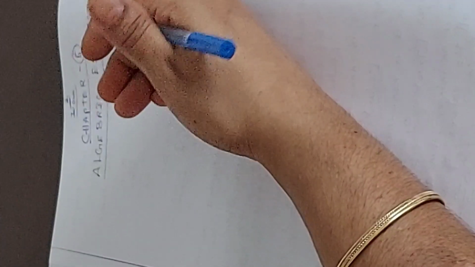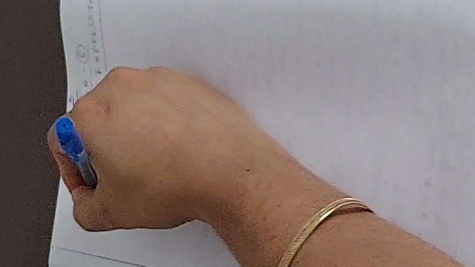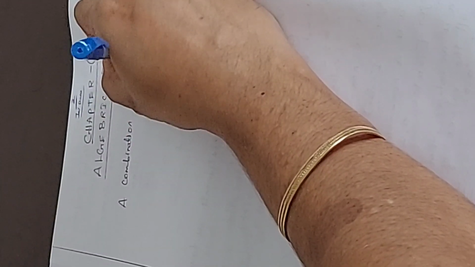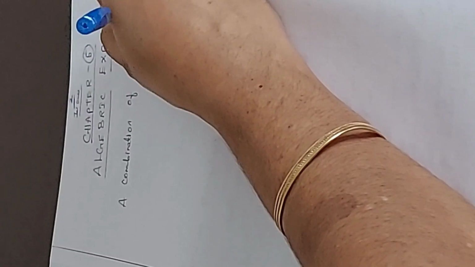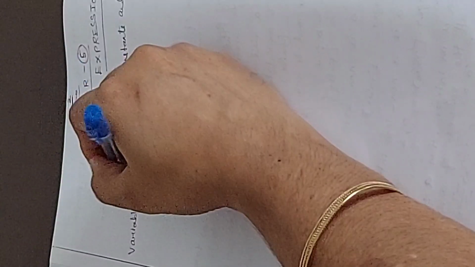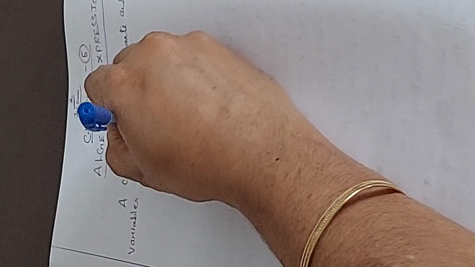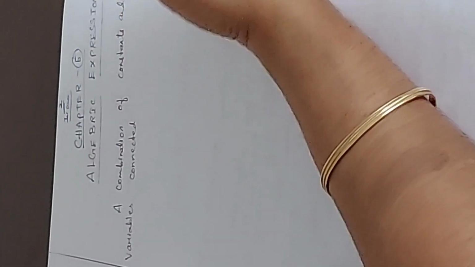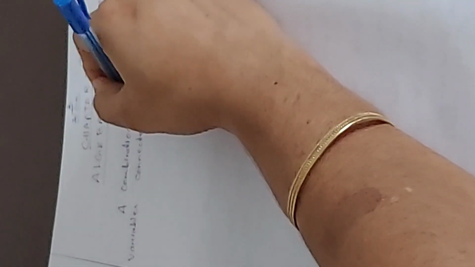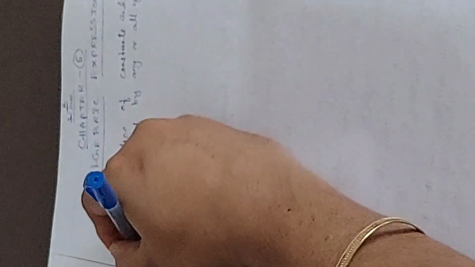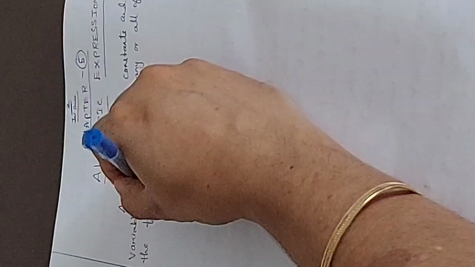Okay, children. And what is an algebraic expression? A combination of constants and variables which are connected by any fundamental operations like plus or minus, multiplication or division, connected by any or all of the four fundamental operations.